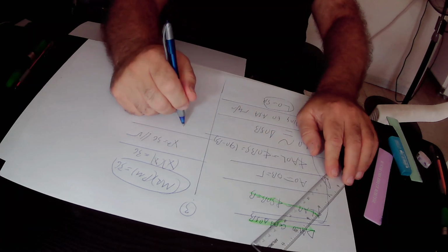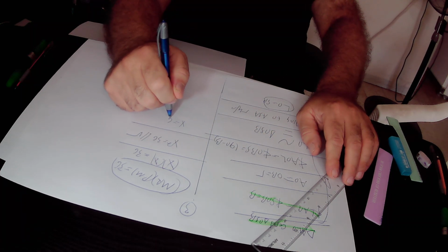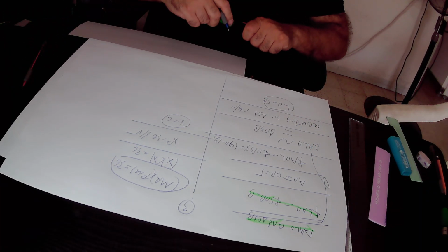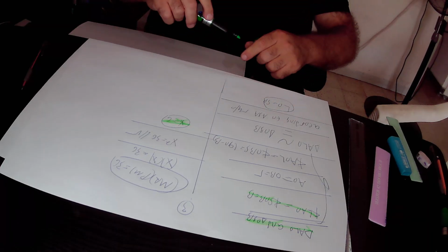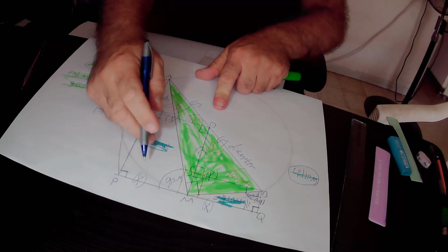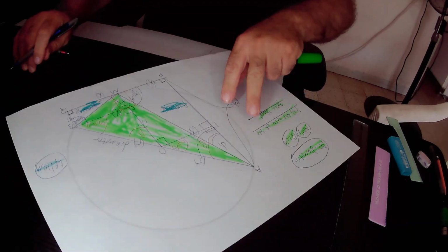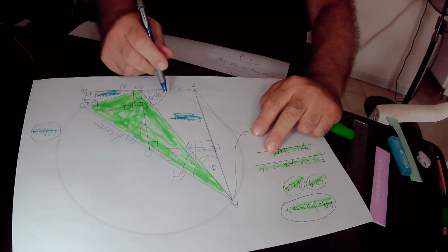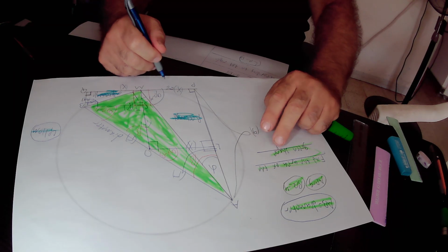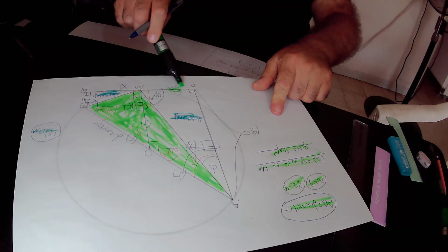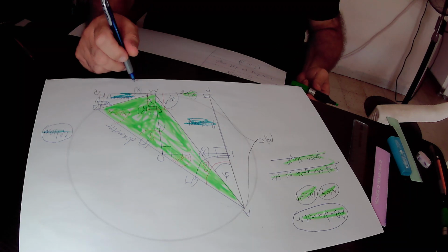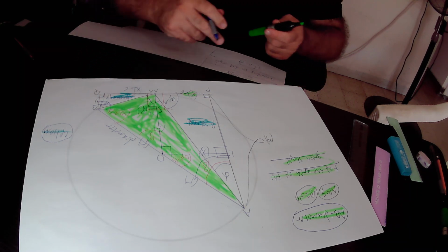We get that x equals the square root of 36, that is 6. x equals 6 units in length. MQ is equal to x, which is equal to 6 units in length.